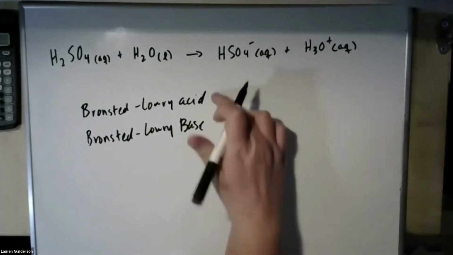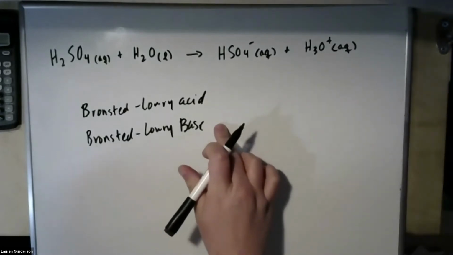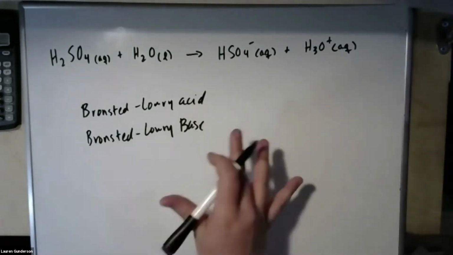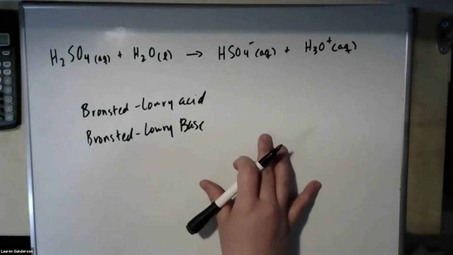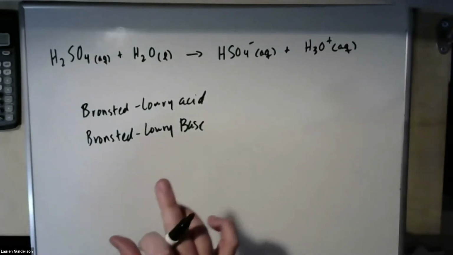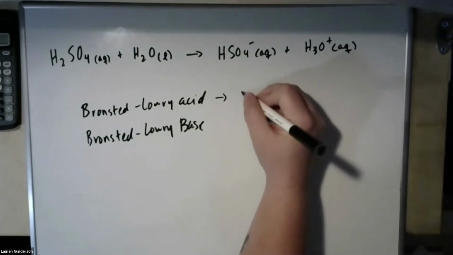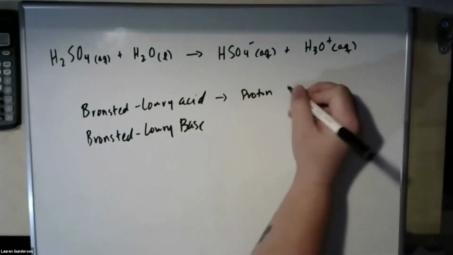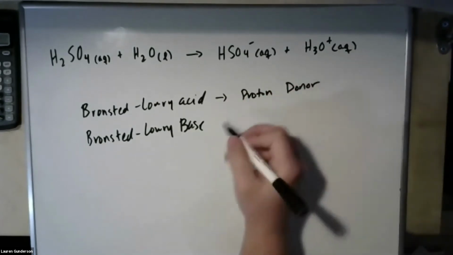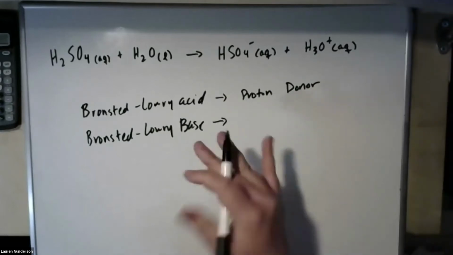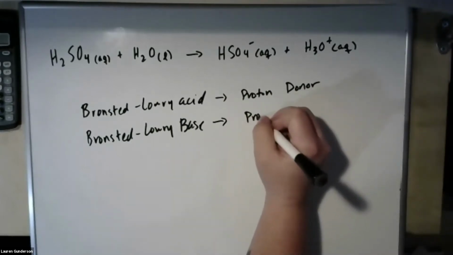Knowing the definition of these two things would be critical right off the bat. A Bronsted-Lowry acid is a proton donor, and a Bronsted-Lowry base would be the opposite, a proton acceptor.